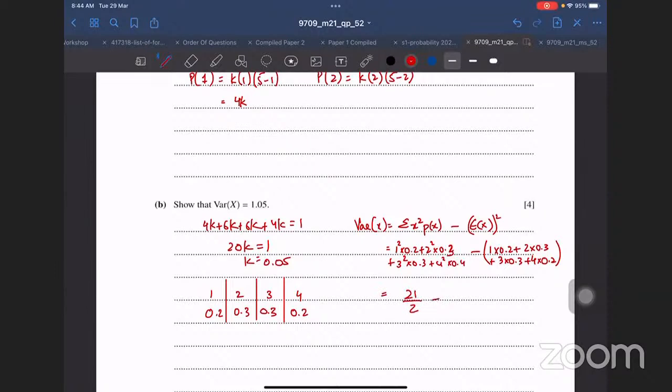And 0.2 plus 0.6 plus 0.9 plus 0.8. 5 over 2 squared.